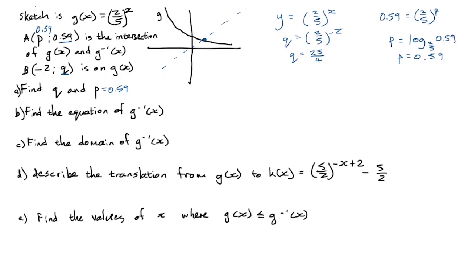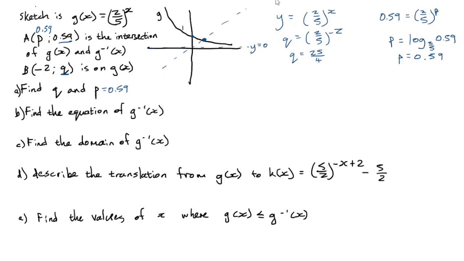Then if I needed this y-intercept, I just let x be 0, and anything to the power 0 is 1. If I want to sketch the inverse graph, which they're not asking, but I just want to do it for your help. At the moment, we've got an asymptote here at 0.